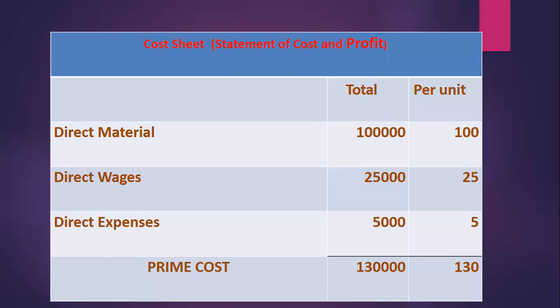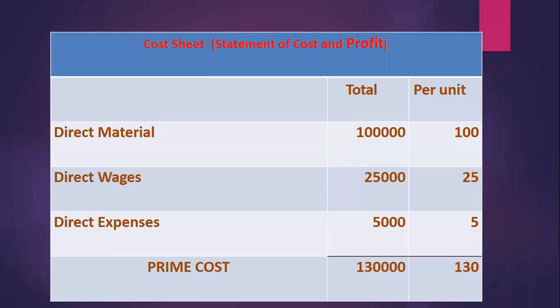Now see here. I have one solved problem for you. This is just an assumed, random figure, to find out how we get the main heads like prime cost, cost of production, cost of goods sold. Here we assume 1000 units. We have a total column and a per unit column.